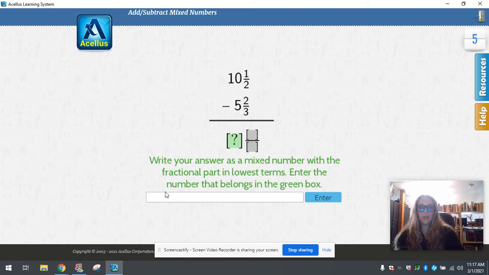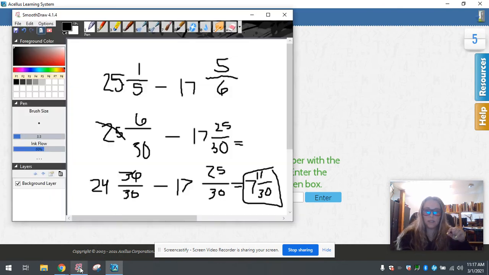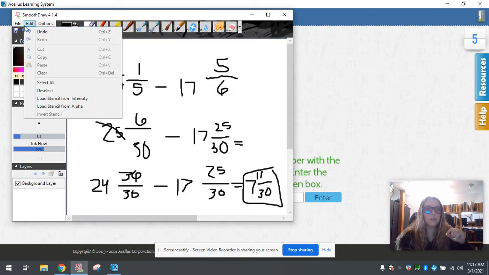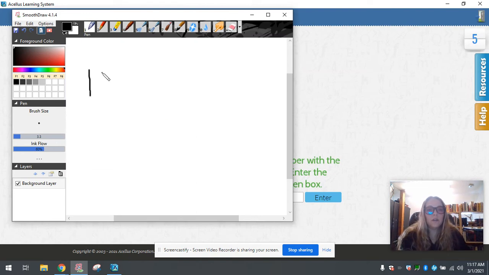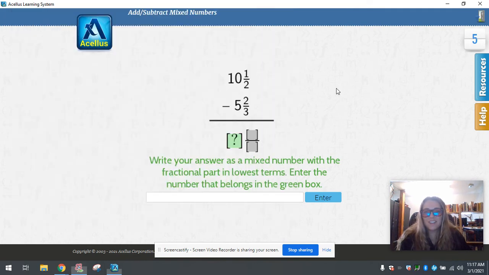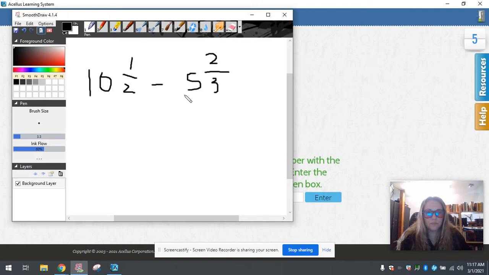Okay, 10 and a half minus 5 and 2/3. Find the common denominator. 2 times 3 is 6.